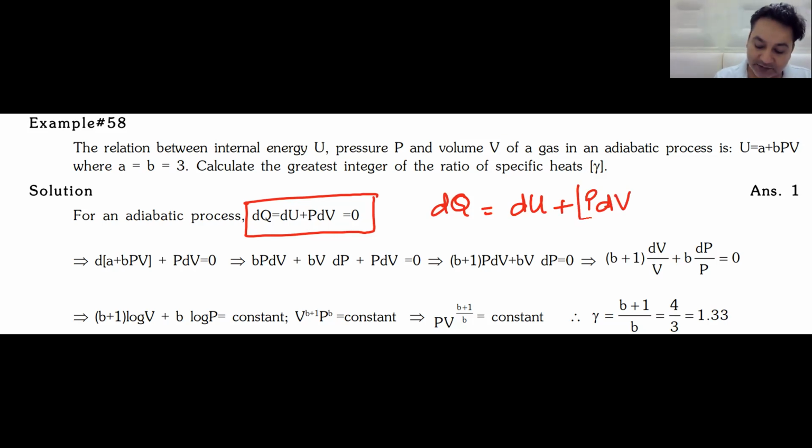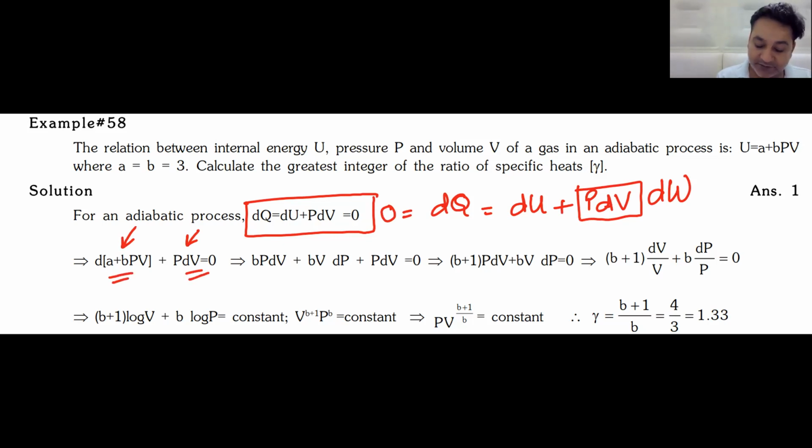This PdV is nothing but your small amount of work done dW, yes or no? Yes, sir. And dQ is equal to 0. This is the first law of thermodynamics. So basically your dU plus PdV is equal to 0. Okay? Yes, sir.